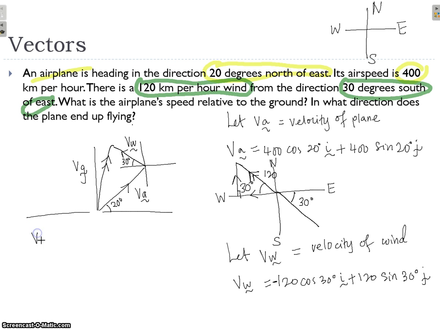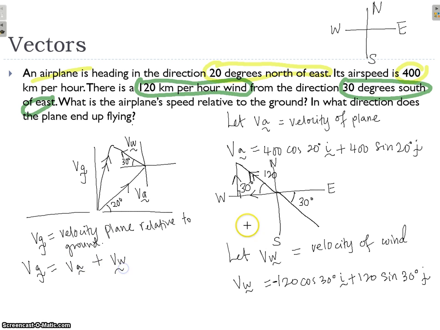Let us write VG, define VG as the velocity of the plane relative to the ground. VG is the total of the velocity of the plane, VA, and the velocity of the wind, VW. So we're going to sum these two items.